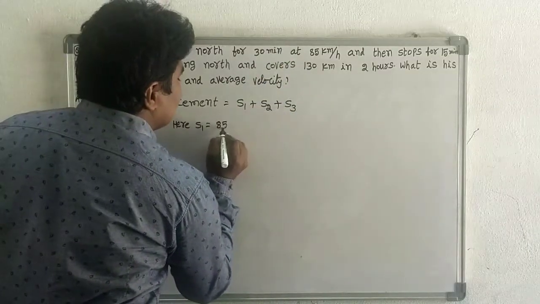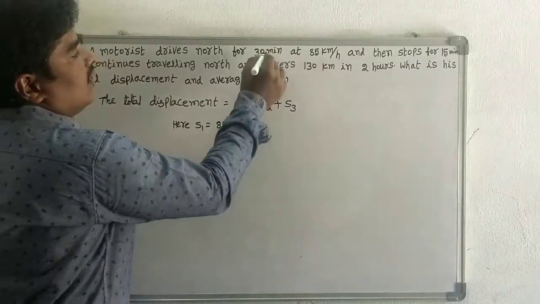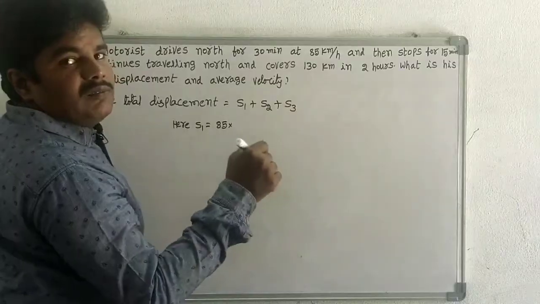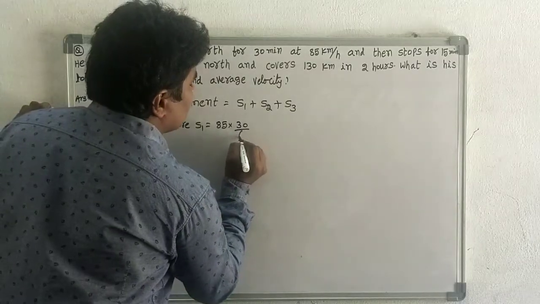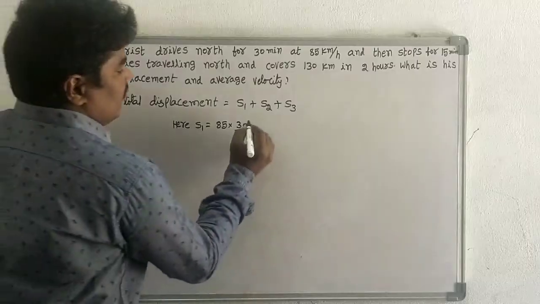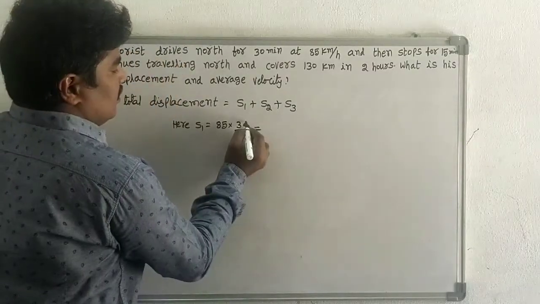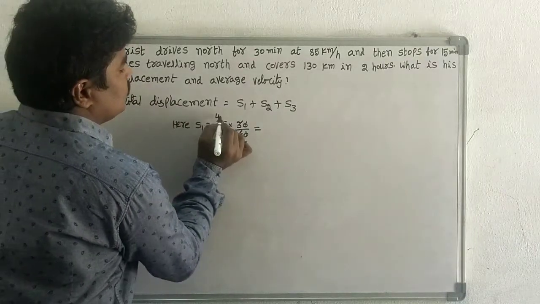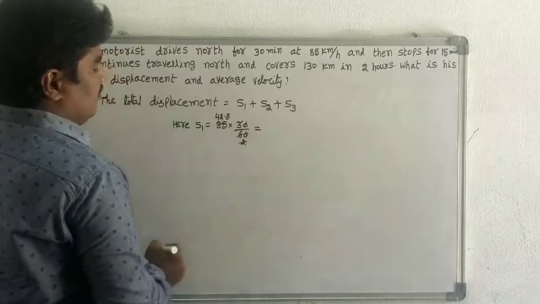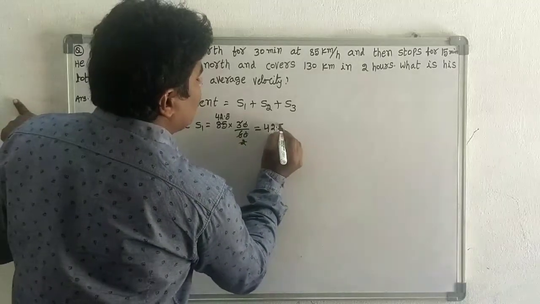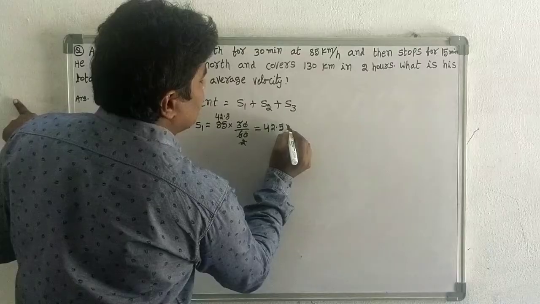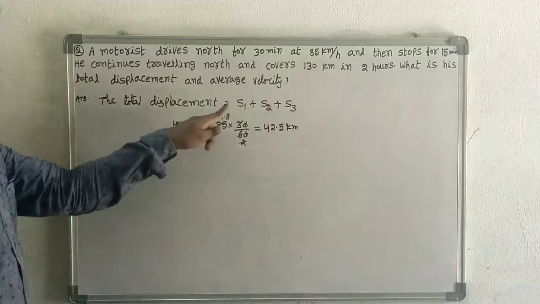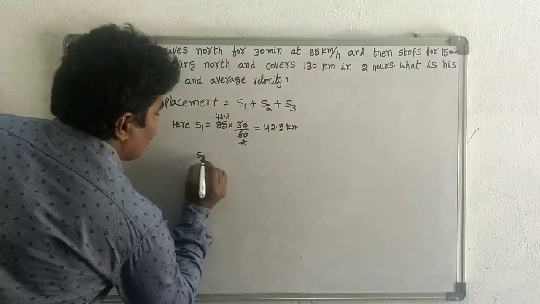Velocity is 85 km/h and time is 30 minutes, but this has to be converted into hours: 30 by 60 hour. Finally we get 42.5 kilometers, S1.